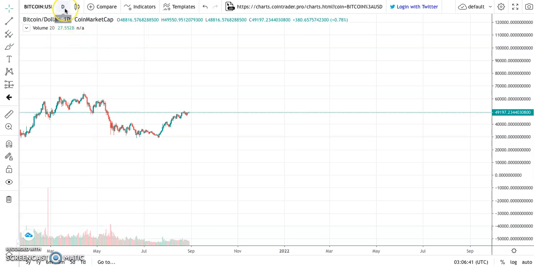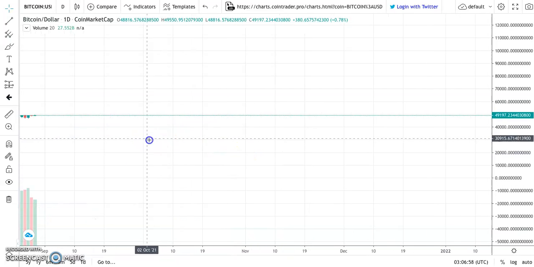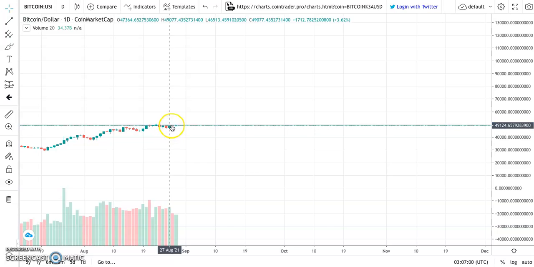For a daily candle, always at 12 p.m. UTC time, the day is closing, and then a new candle occurs. Depending on the price action, if the price is higher or lower than the previous, it's either red or green. So you see the last candle closed in red, and the price closed slightly lower than the previous candle before, as you can see here.